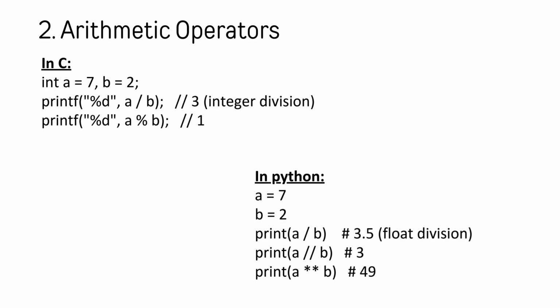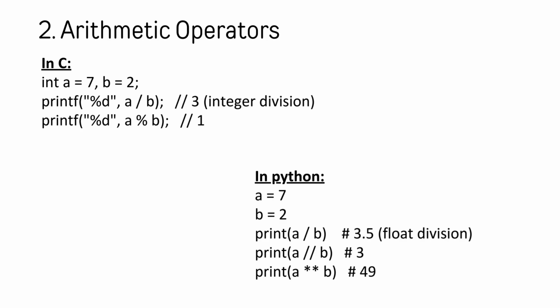Let's now see a simple example in C and Python to understand how division works differently. First, in C, we take two integer variables, a is 7 and b is 2. When we write a divided by b, C performs integer division.